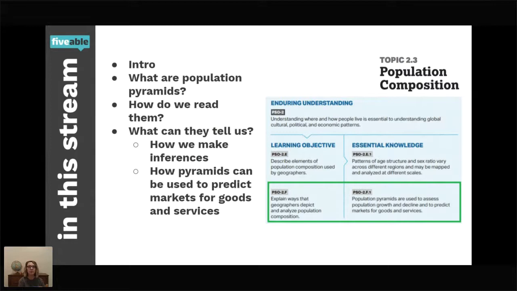So basically, we're focusing on what are population pyramids, how do we read them, and what can they tell us? By the end, you will be a pro. I really like population pyramids. I know that's nerdy, but I feel like they are a little kind of mystery to be solved because they can really tell us a lot of information. So I think they're cool.